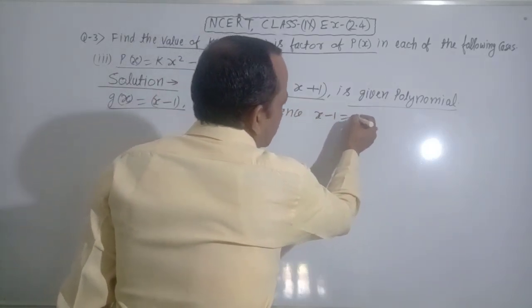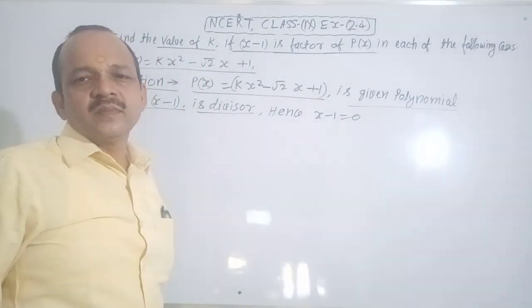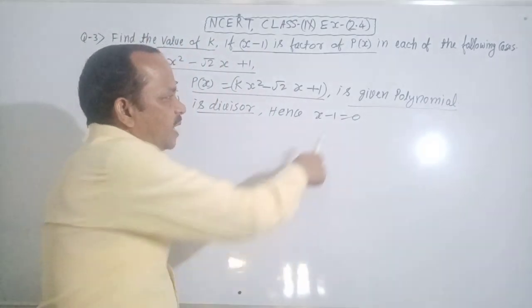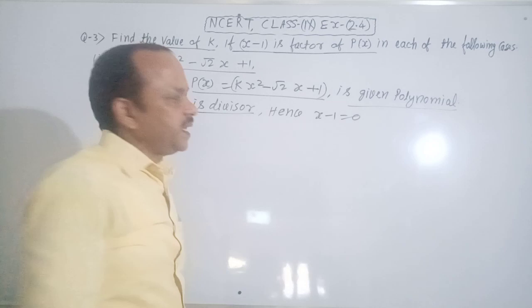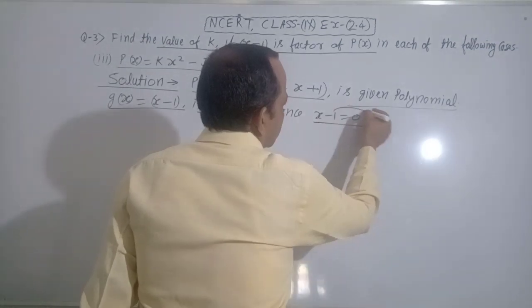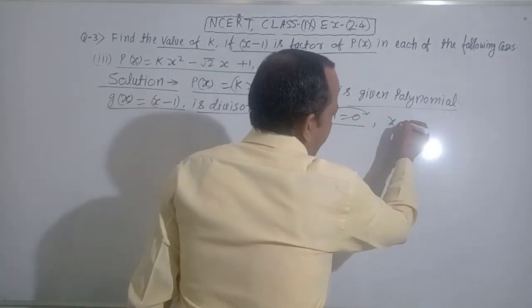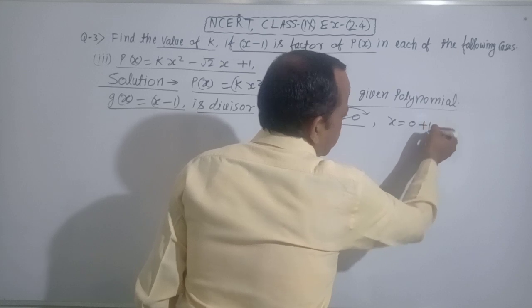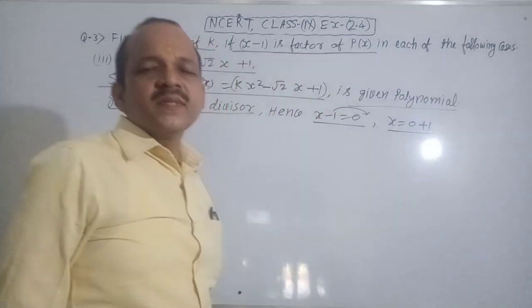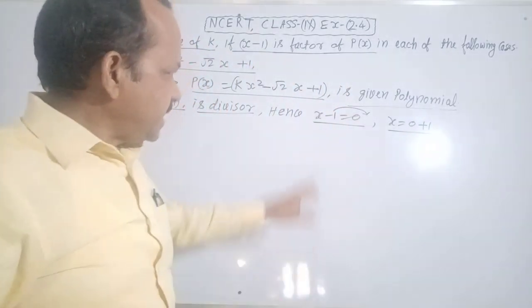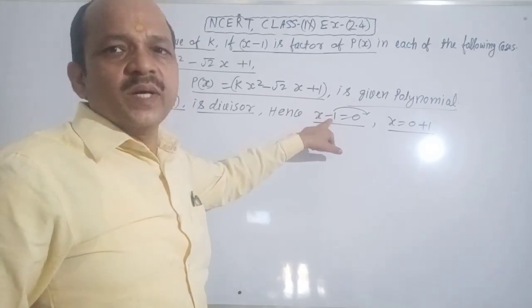Hence x minus 1 equals 0. You can write minus 1 on the right side of equal. It becomes x equals 0 plus 1.